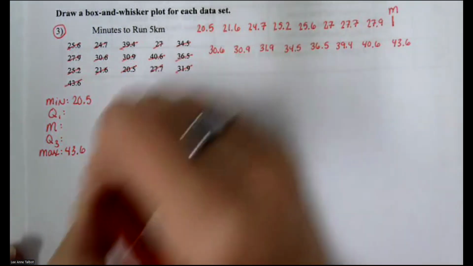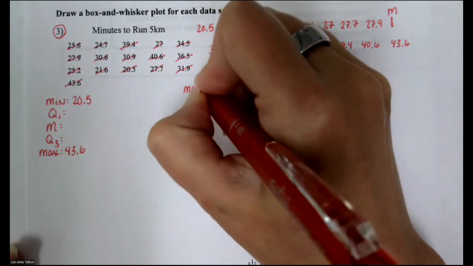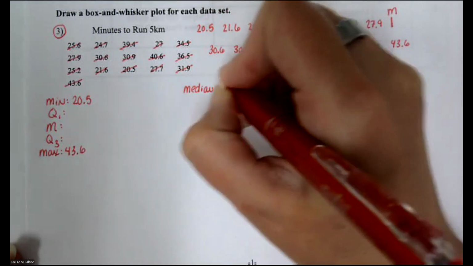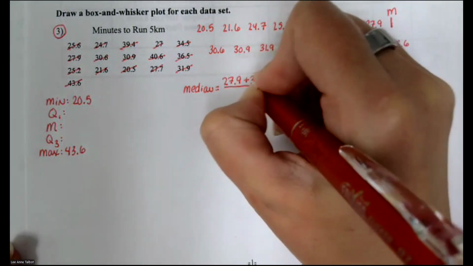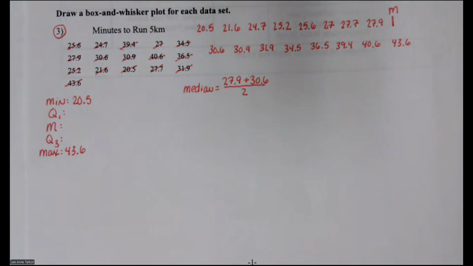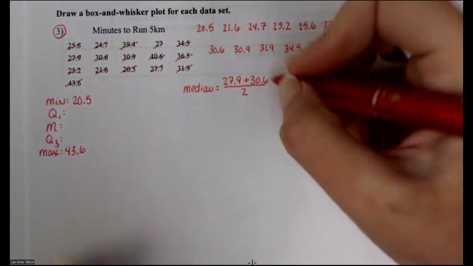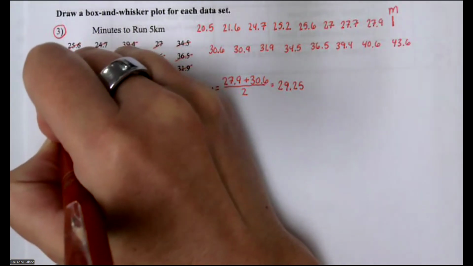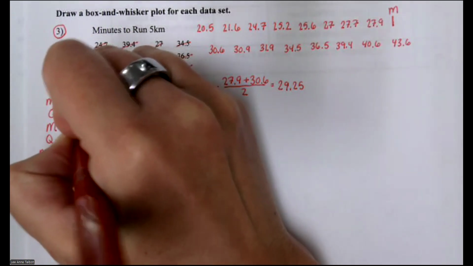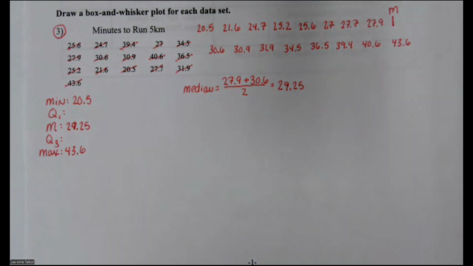Okay, so the median is going to be 27.9 plus 30.6 divided by 2, which is 29.25.